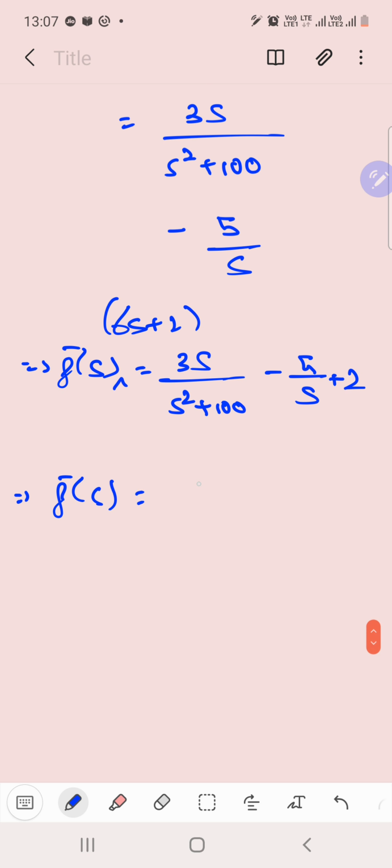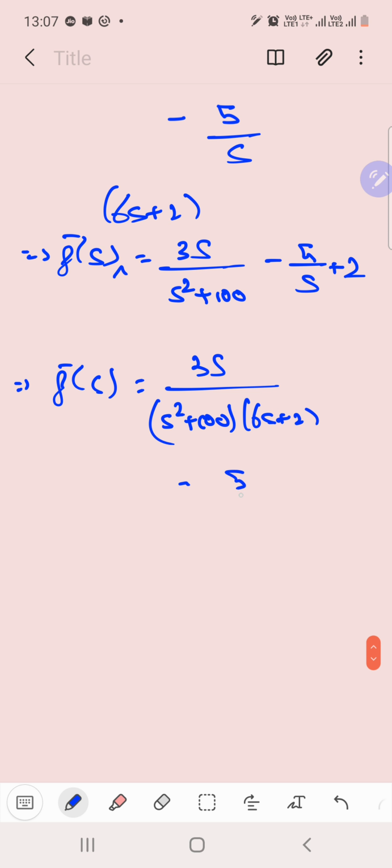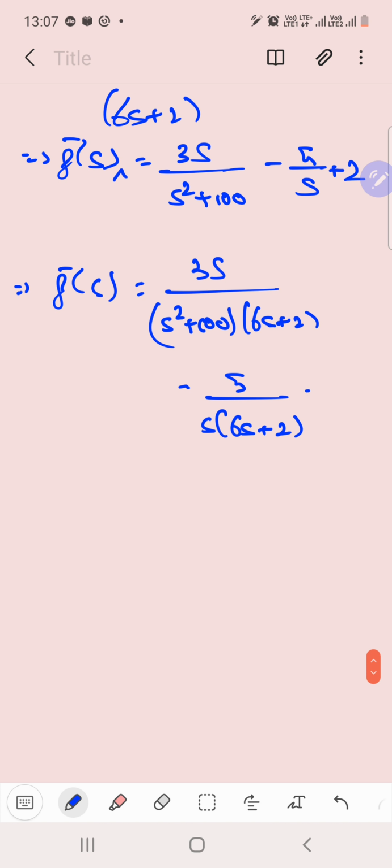So f bar s finally becomes 3s over s square plus 100 times 6s plus 2, minus 5 over s times 6s plus 2, plus 2 over 6s plus 2. Clear? Got it?